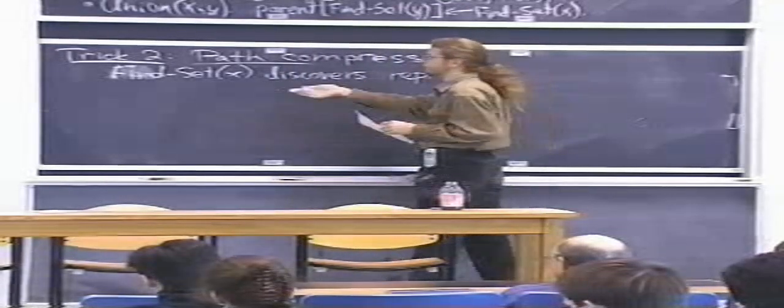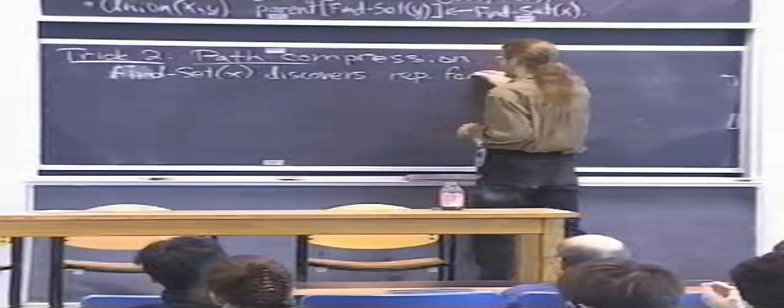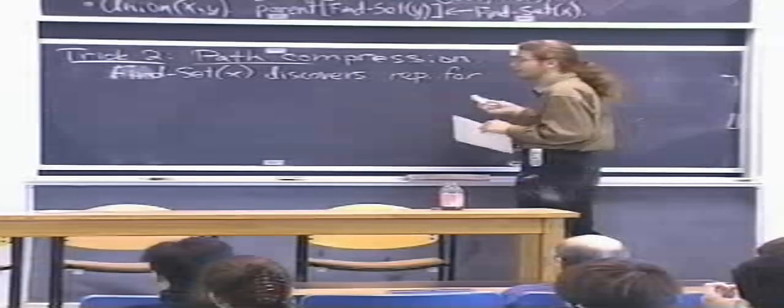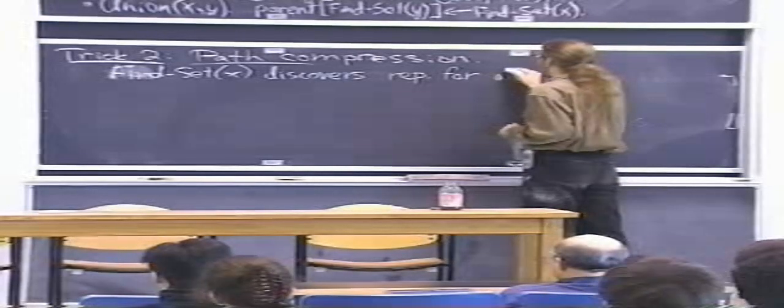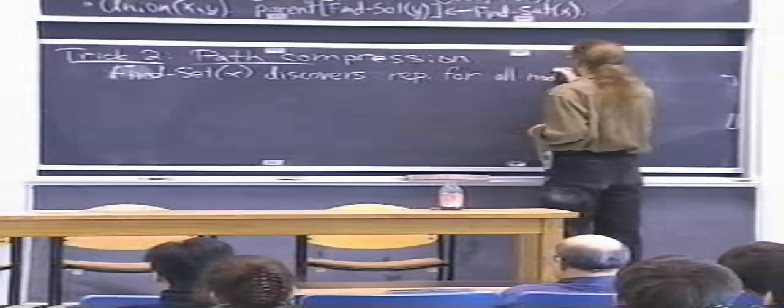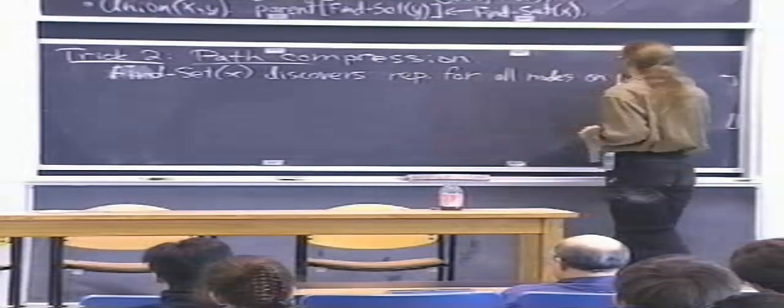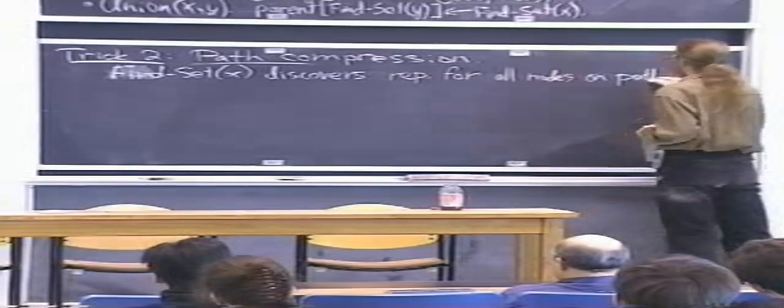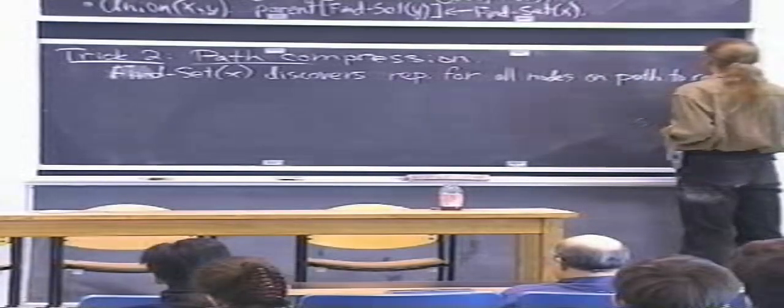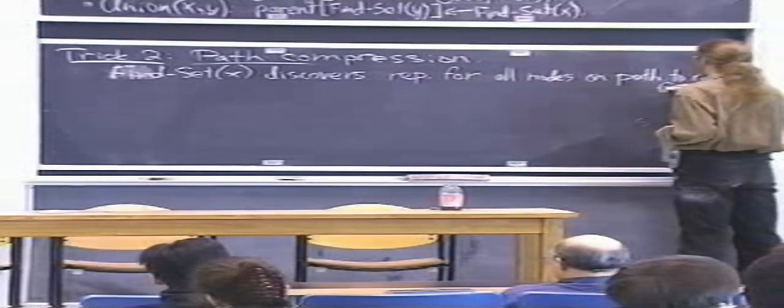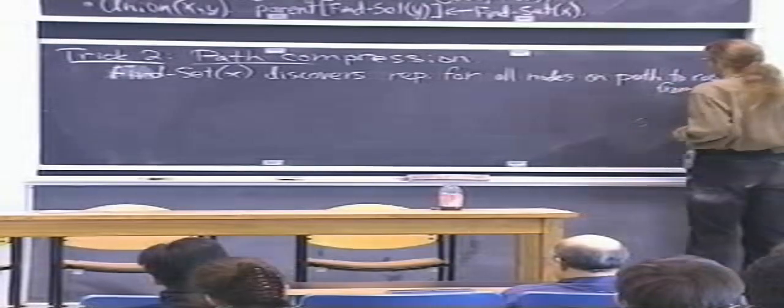And not only does it discover the representative element for x, but it discovers a representative element for every element in that set. In particular, for all the nodes on the path to the root from this node x. That's potentially a lot of nodes.